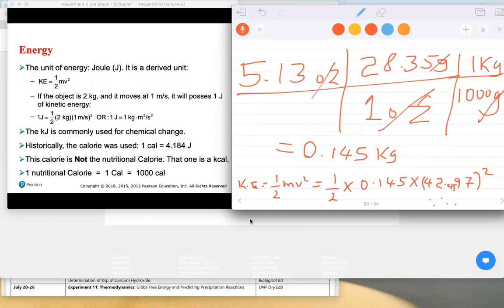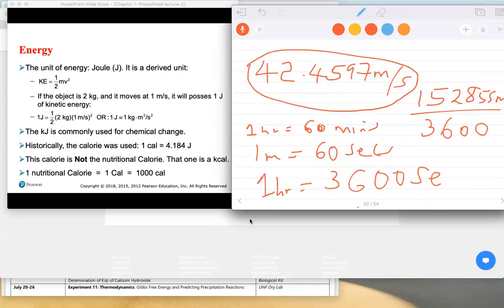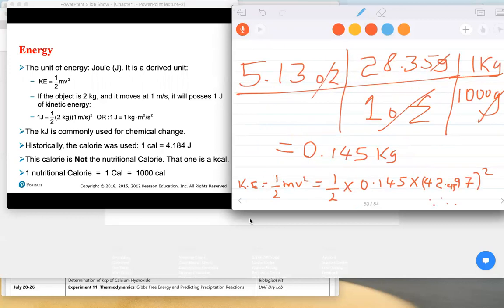This was our velocity, and I plug it in this equation, half mv squared, times 0.145. This is the mass and this is the velocity. I square that because of half mv squared. All right, good. Let's move on.